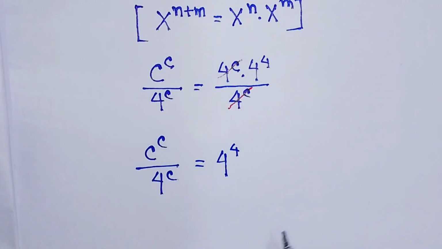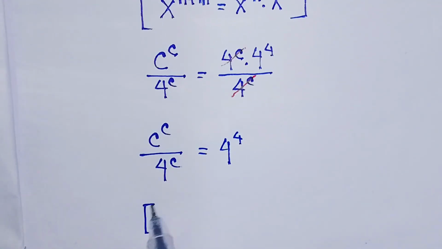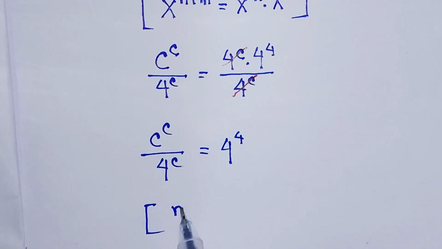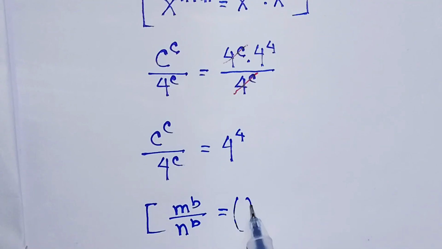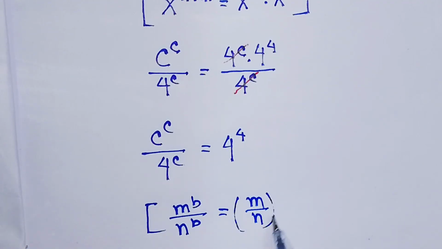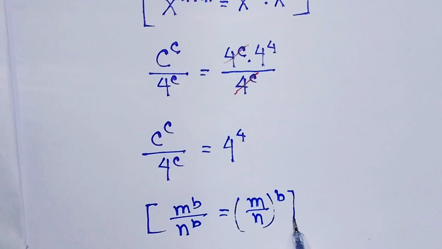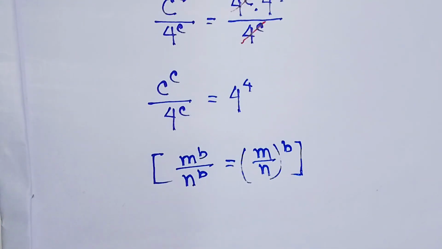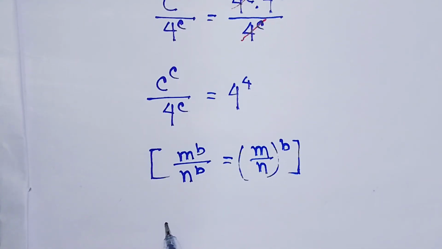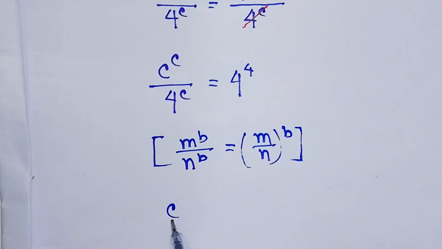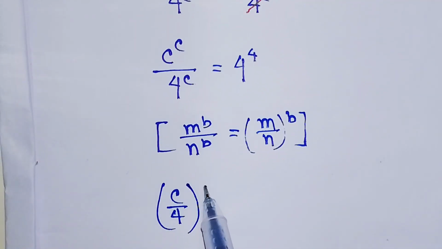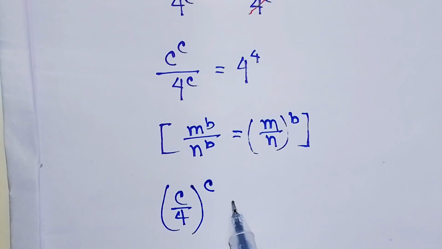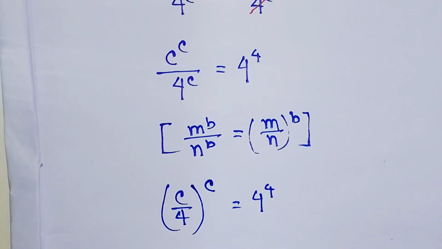Here we can use another exponential formula to simplify this equation: m to the power b divided by n to the power b equals m divided by n, bracket whole to the power b. Simplifying this equation, we can write c divided by 4, bracket to the power c, equals 4 to the power 4.